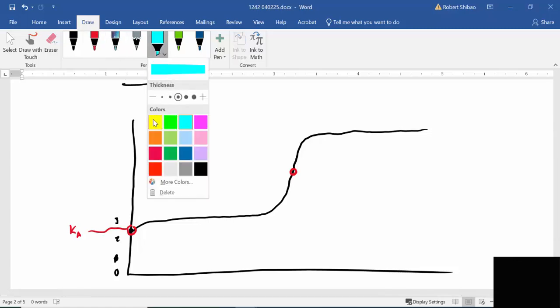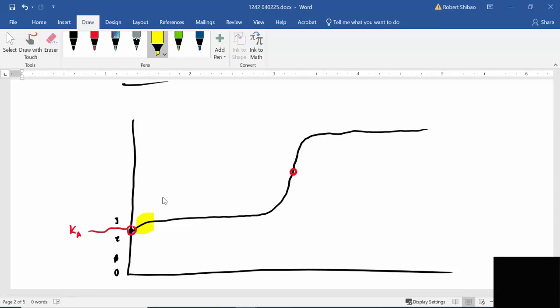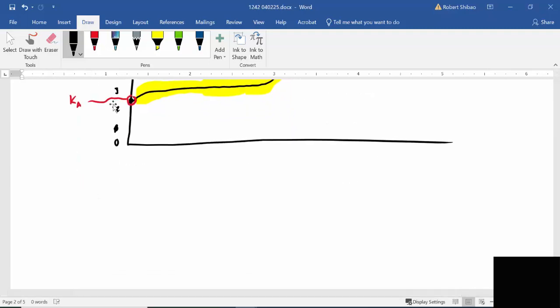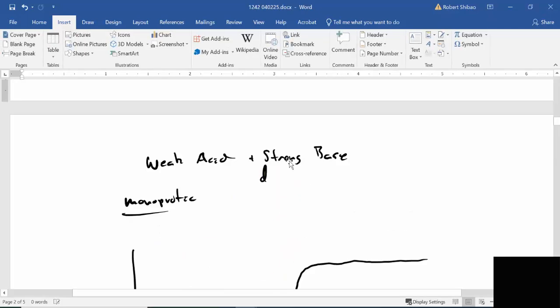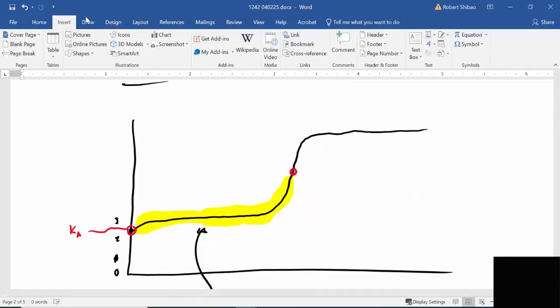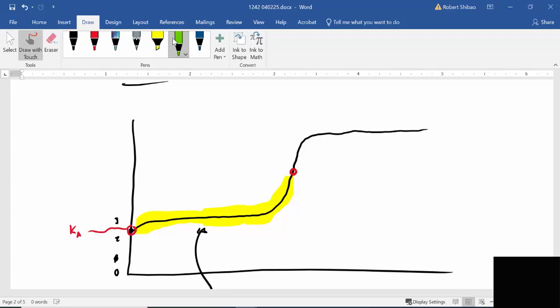We have the excess acid region. We have to worry when it becomes so dilute, the amount of excess acid becomes extremely dilute. Then in these regions, close to the equivalence point, we may worry about KW more.